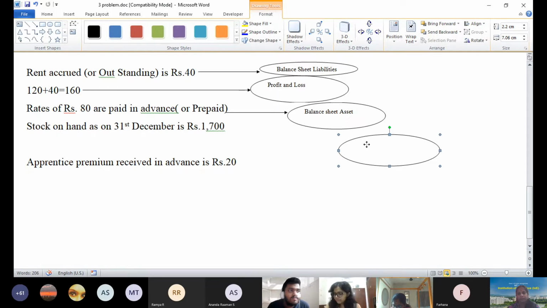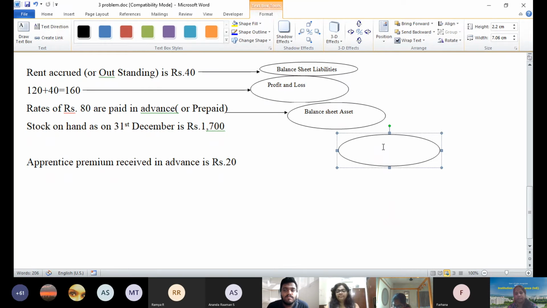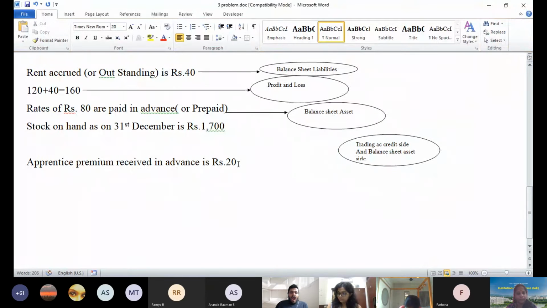Yeah, this particular aspect will come in your trading account, credit side, and balance sheet, asset side. So remember that particular thing. I'm not able to put the arrow. I'll do the arrow later and I'll send it to you. Yeah, apprenticeship premium, again, advance. Advance is prepaid. Written that, another name also.